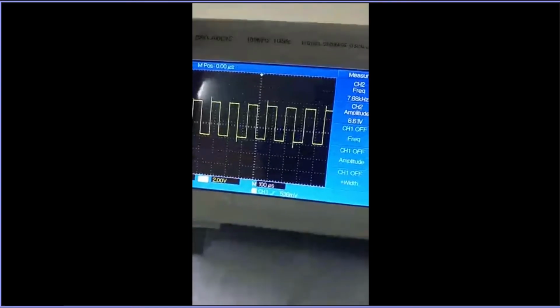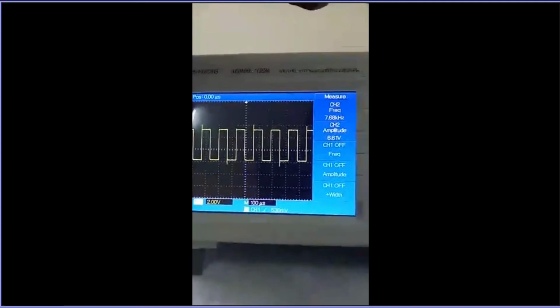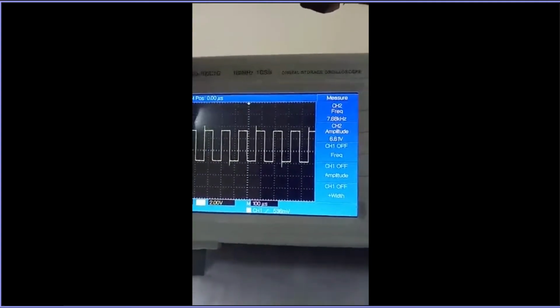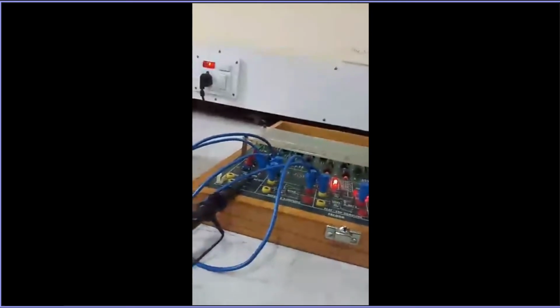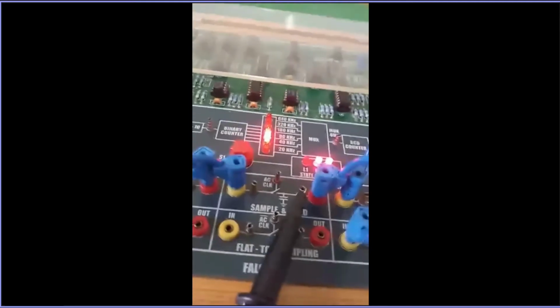Please have a snapshot of this one quickly. Okay, I guess you have taken the snapshot. Now we'll see the output of the sample and hold circuit. So this is the arrangement. Please have a snapshot of this.